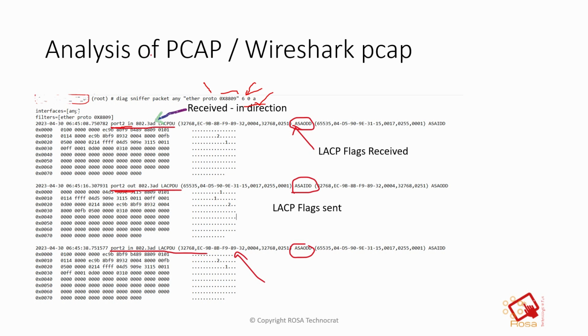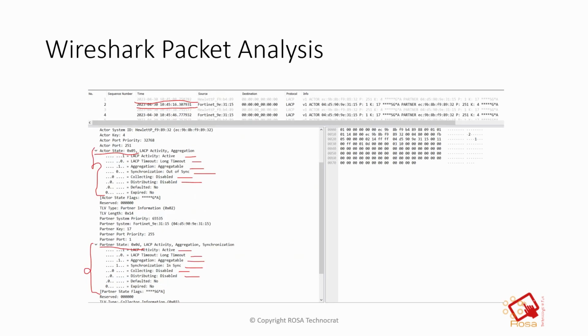By using Wireshark, we can prove who is sending what flags, and in and out we can confirm where the problem is and why the LACP is not being negotiated properly. When I converted the diag sniffer data into Wireshark, you can see all the analysis here, like actor state, LACP activity, LACP timeout, synchronization.